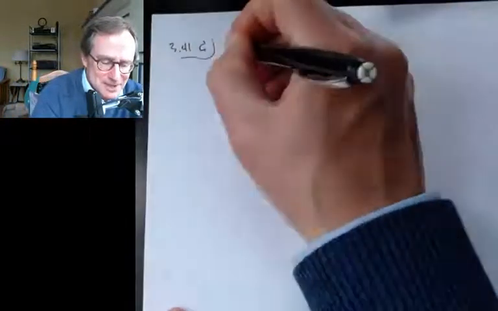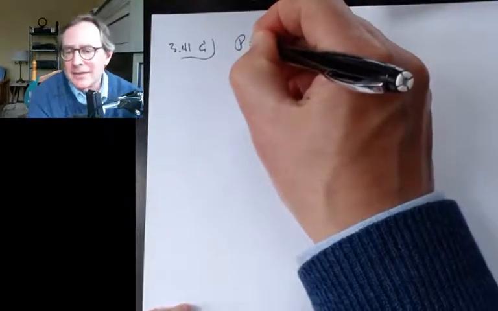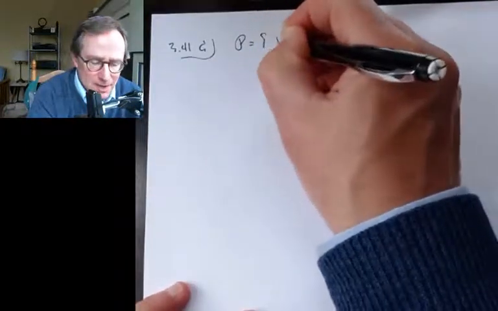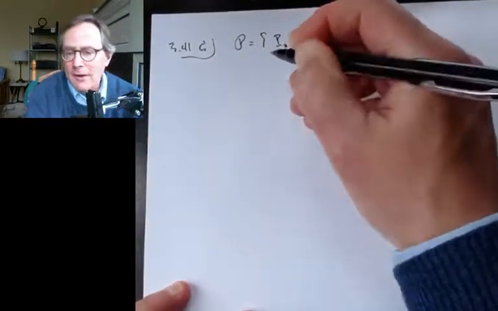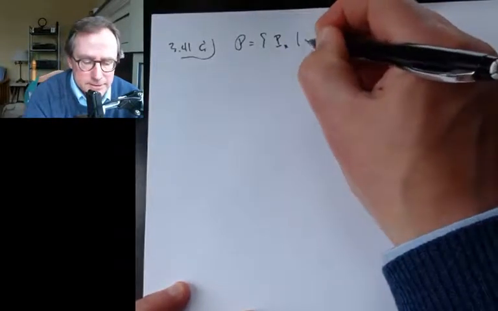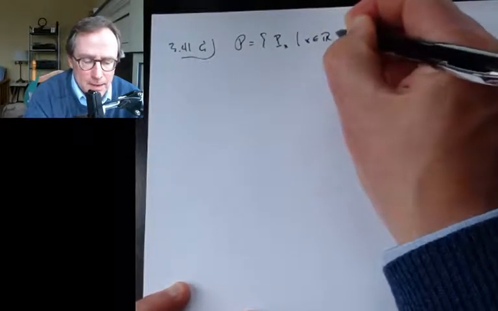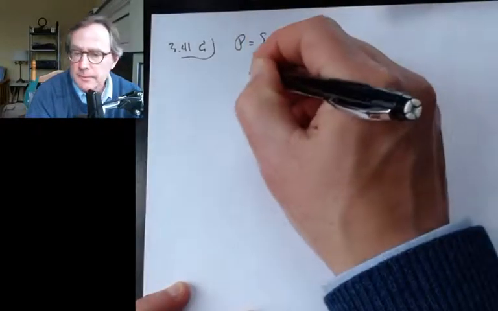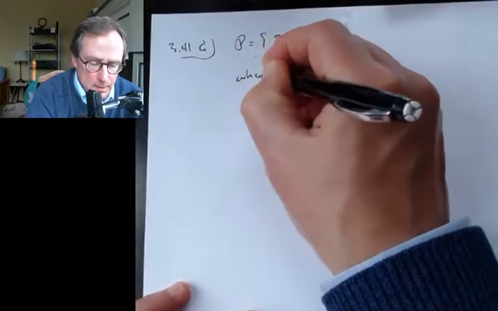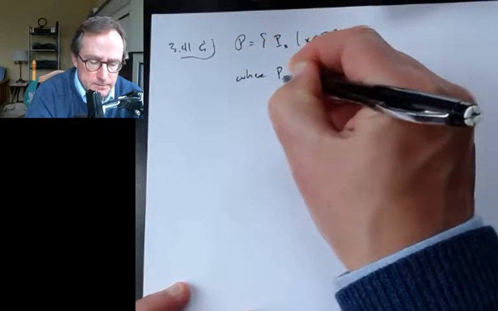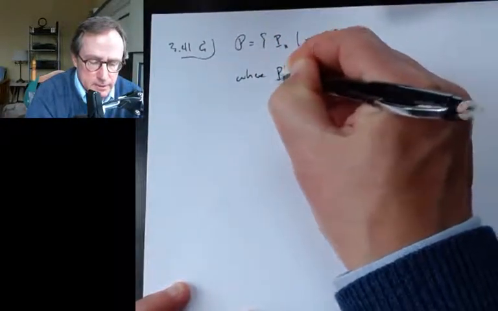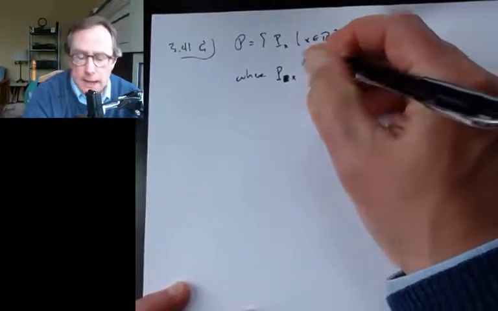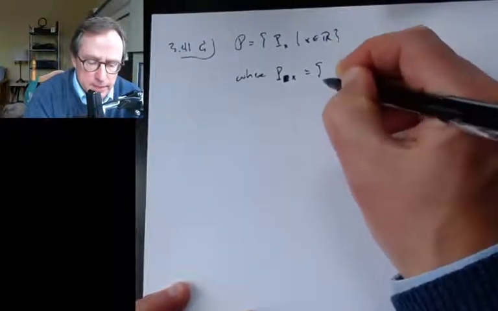Okay, so script P is the set of all capital Px where x is a real, and specifically, capital Px is the set of y's that have the same sort of decimal expansion as x.